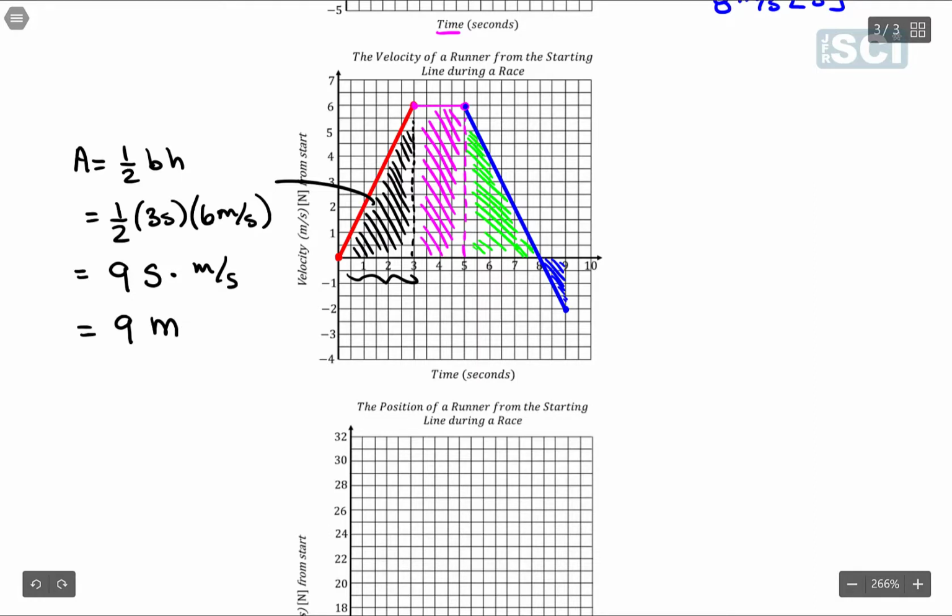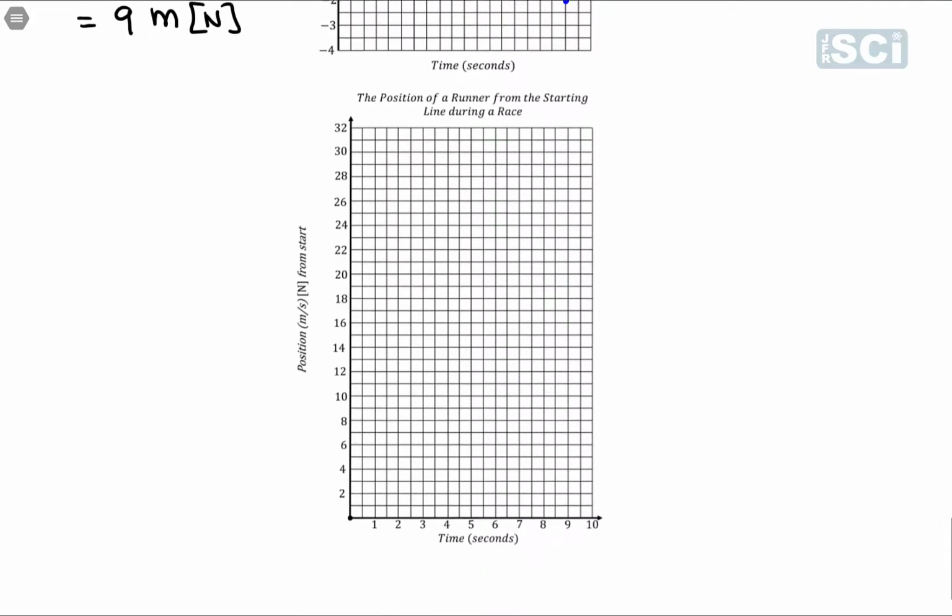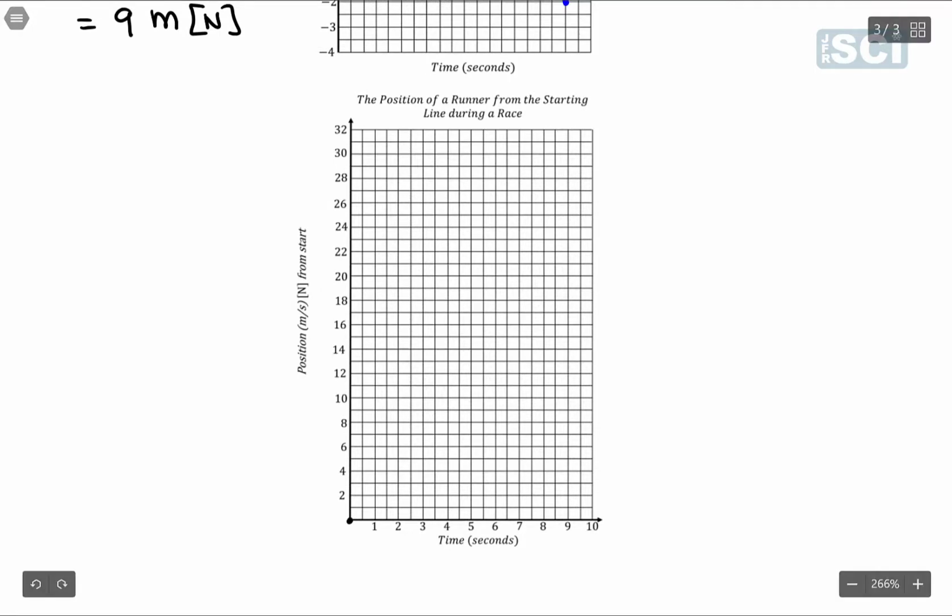So I need to increase by 9 meters north. I'm going to assume I start at 0, so over the course of 3 seconds, I need to increase to 9.